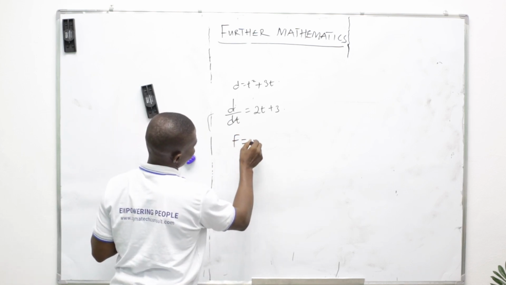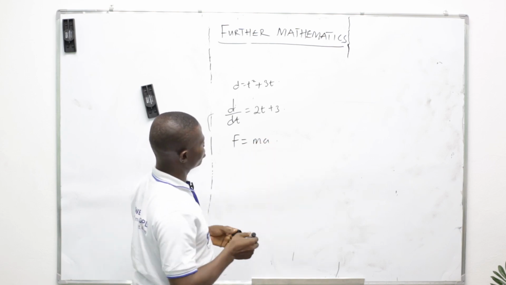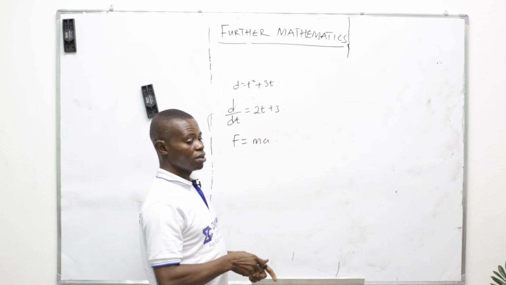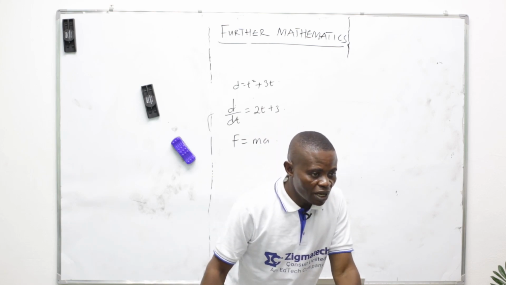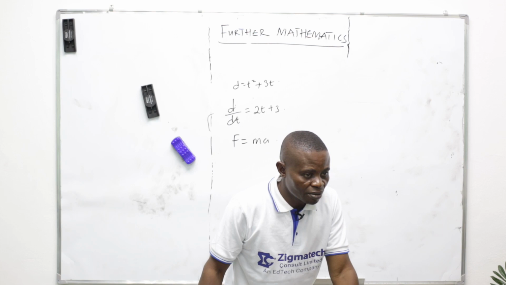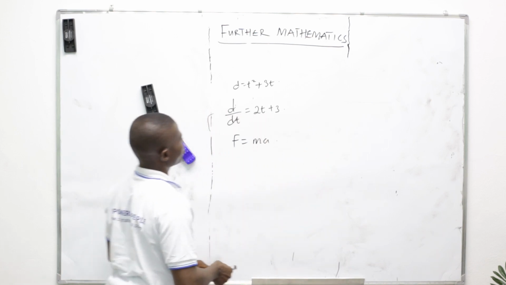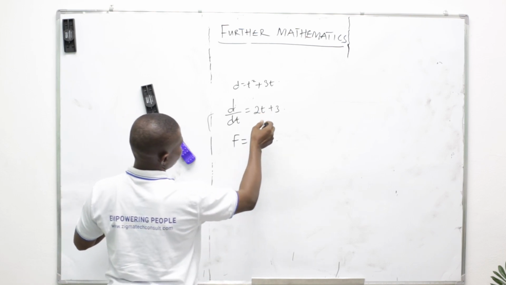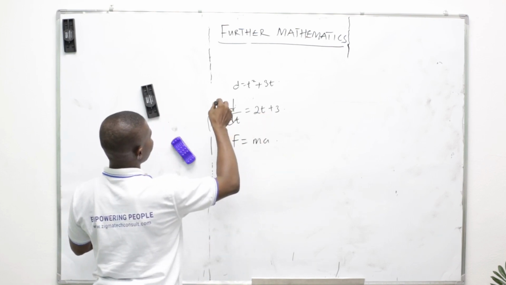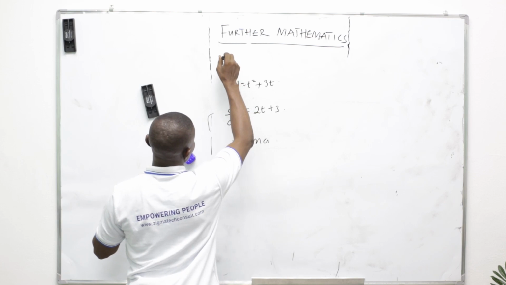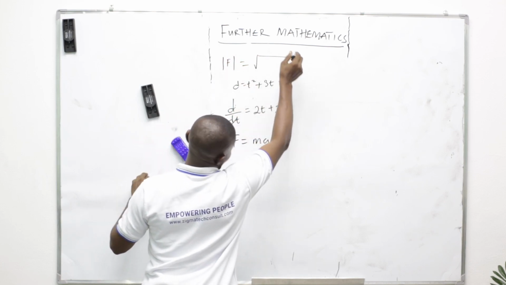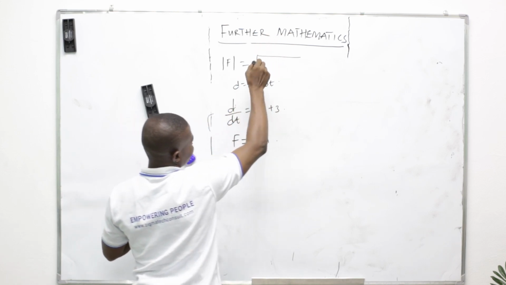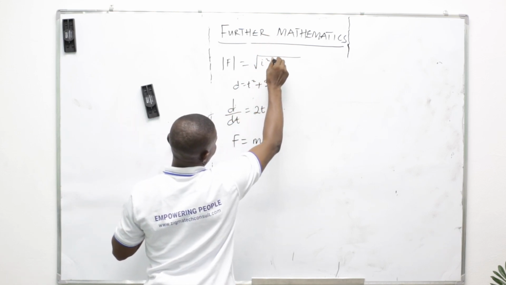Now, find the magnitude of F at time t. Remember that F equals what? F equals ma. Find the magnitude of F at time t. If you have this, magnitude equals square root of i squared plus j squared.